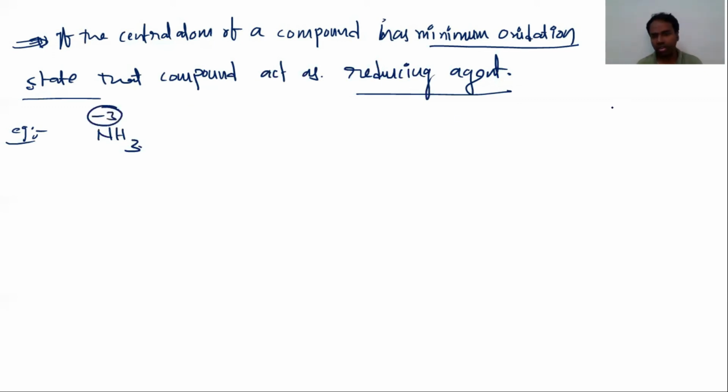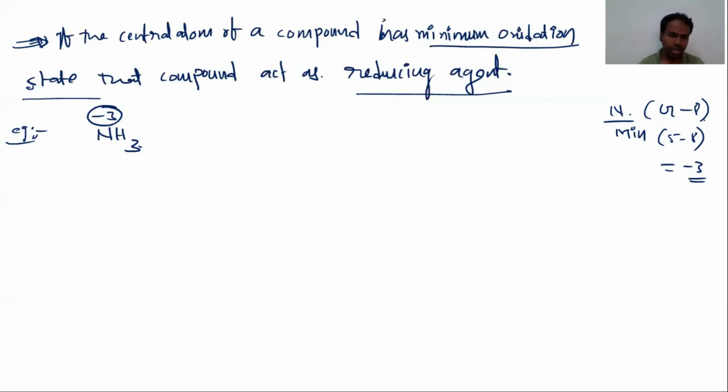For nitrogen, what is the minimum oxidation state? The minimum oxidation state is group number minus 8. The group number here is 5, and 5 minus 8 is -3. For nitrogen, the minimum oxidation state is -3.